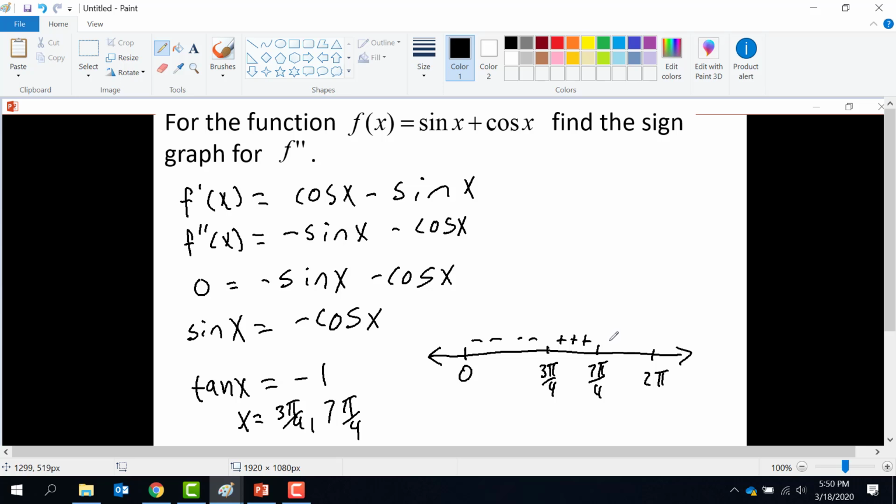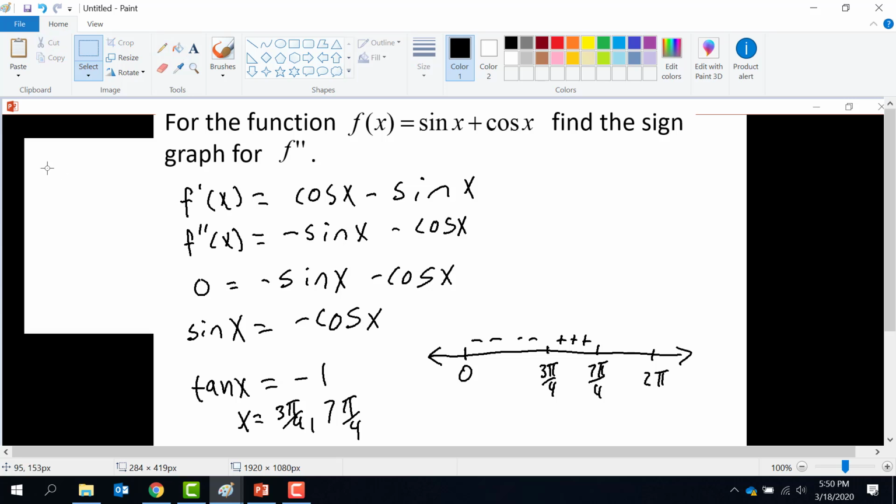And for 330 degrees, the reference angle is 30 degrees, and the cosine is positive.